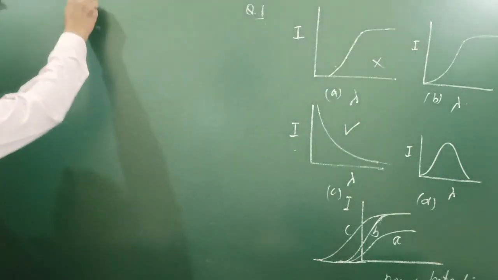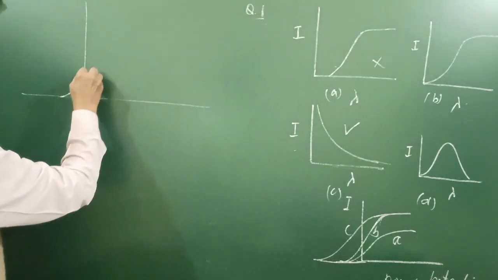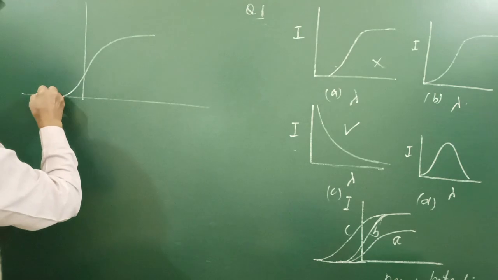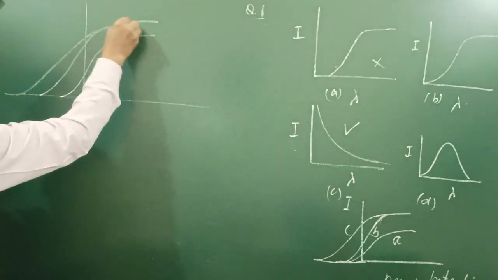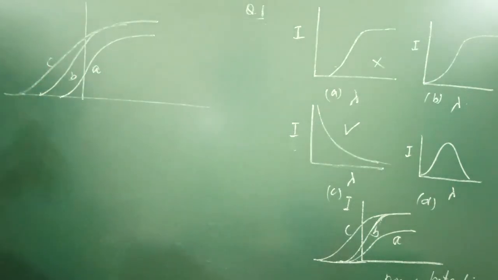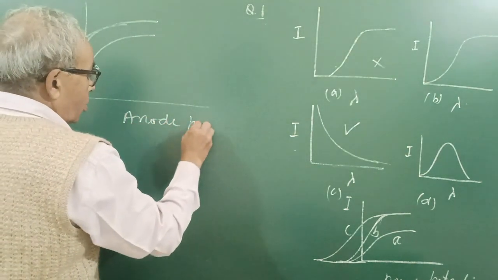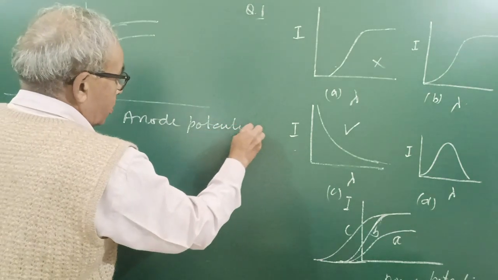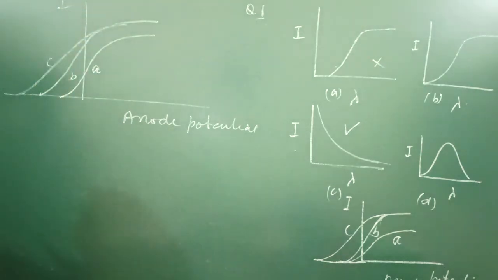I will draw it again here. It is for A, for B, and for C. A, B, C. So this is anode potential here and here is current I. So options are given here as to which of these will be true for photoemission.